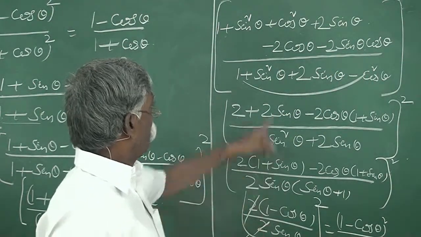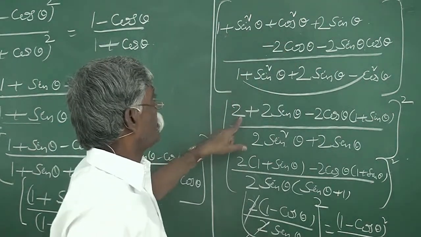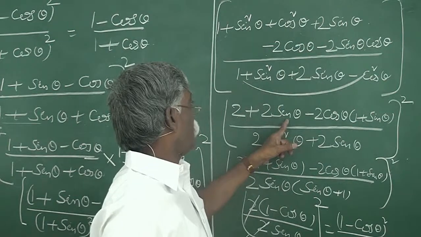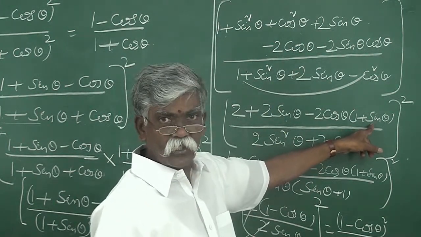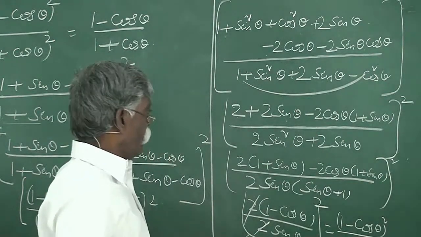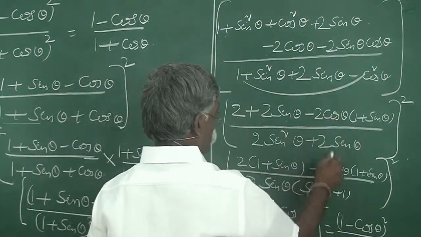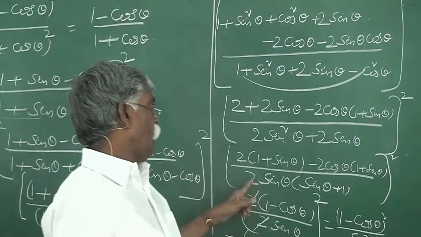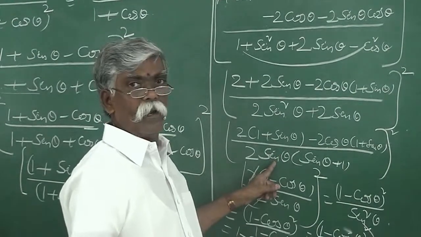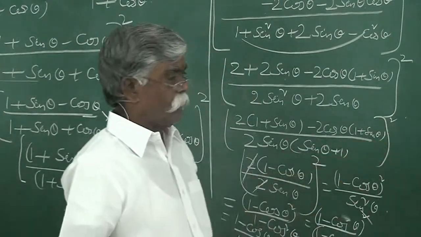And here sin square plus cos square is 1, and this is 1, this is 2, and this is 2 sin theta. In these two we have taken minus 2 cos theta as common factor. Now this is 2 into (1 plus sin theta) minus 2 cos theta into (1 plus sin theta), by here 2 sin theta is common, and (sin theta plus 1), entire thing has got whole square.